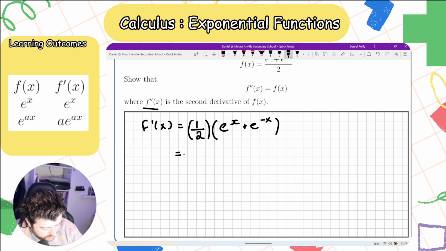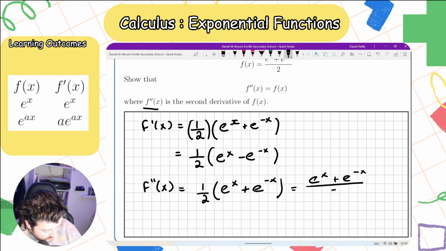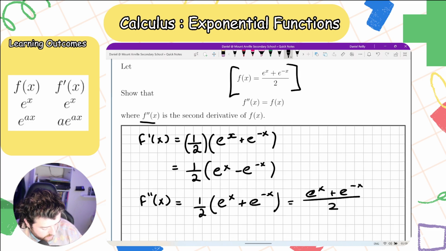So this could just be a half, and the derivative of these is e to the x minus e to the minus x. That is my first derivative. My second derivative is just going to be e to the x goes to e to the x, minus e to the minus x goes to plus e to the minus x, so (e to the x plus e to the minus x) over 2, which is my initial function.